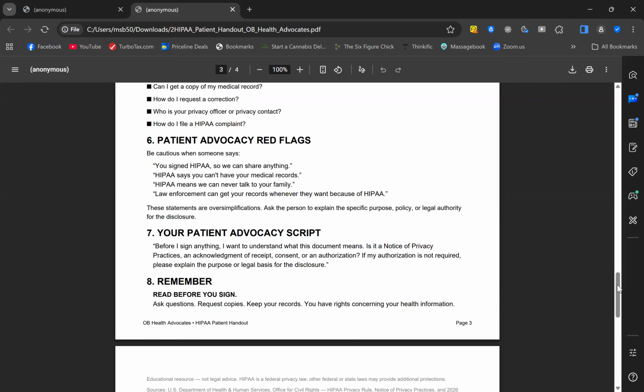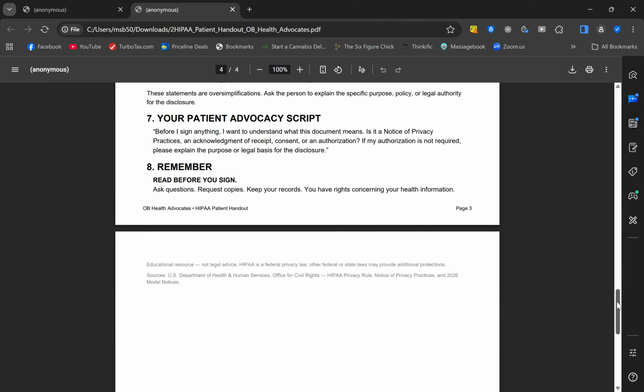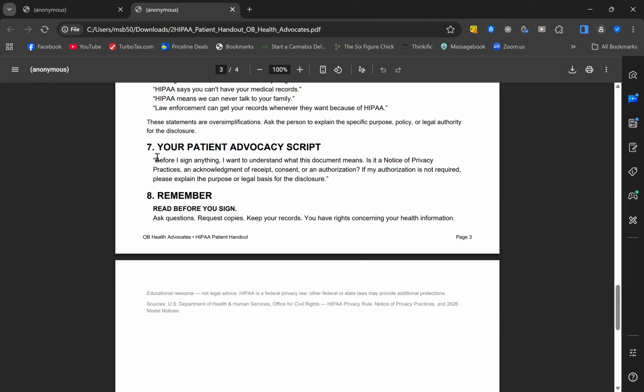And then I have in here a patient advocacy script. Here's your script. Before I sign anything, I want to understand what this document means. Is it a notice of privacy practices, an acknowledgement of receipt, a consent, or an authorization? If my authorization is not required, please explain the purpose or legal basis for disclosure. You can ask that if you don't quite understand something.